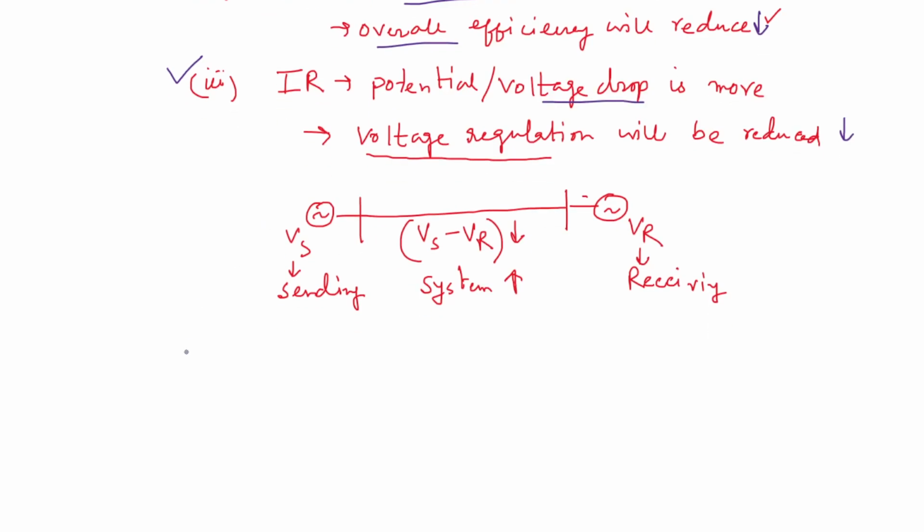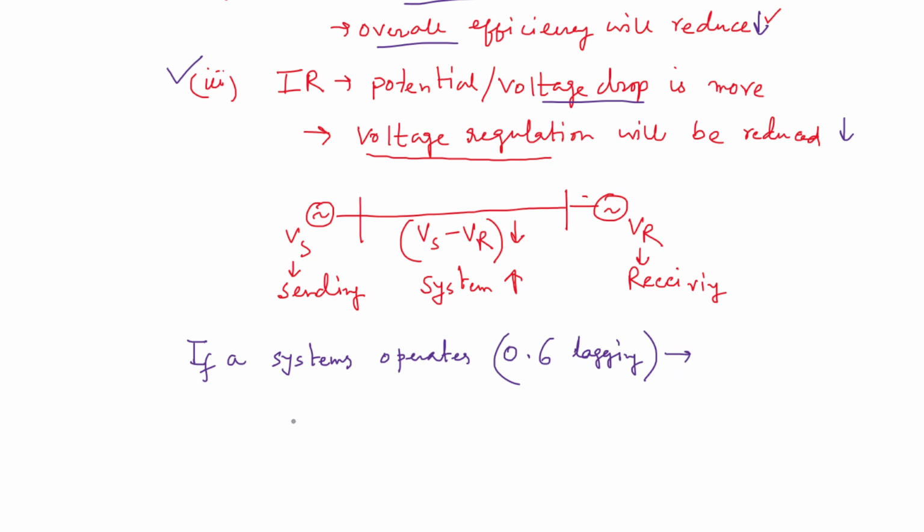So if an electrical system operates at a power factor of, let us consider one rough value, 0.6 lagging, it is always expected to lift this power factor near to unity.